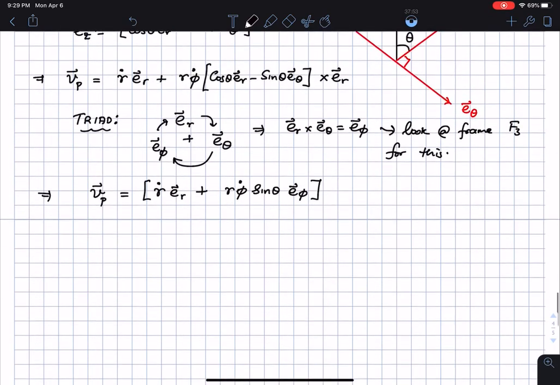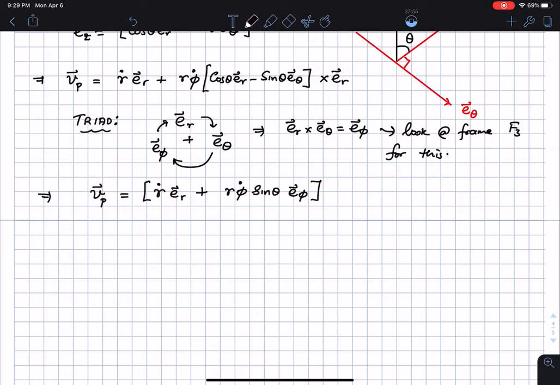Now I want to obtain the acceleration as well. You'll see the reason for this as we complete the problem further down. So just for convenience, for use later, I will obtain the acceleration of the particle as well.